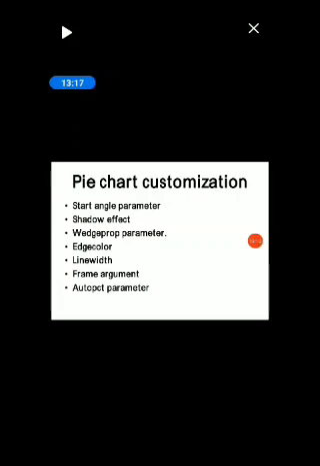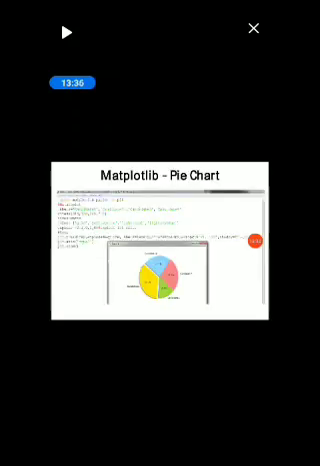So slice 1 will be computed as 31.25% and so on. So these are a few autopct format strings. You may change the colors of the slices using the argument colors.